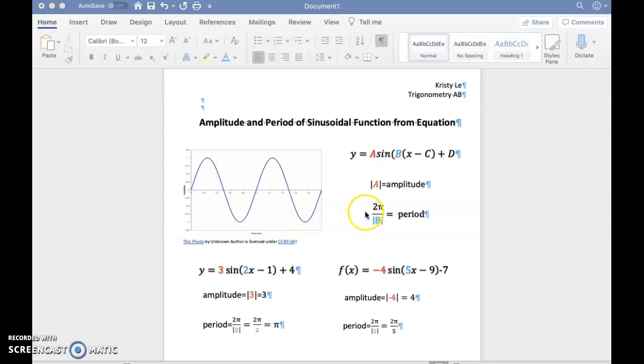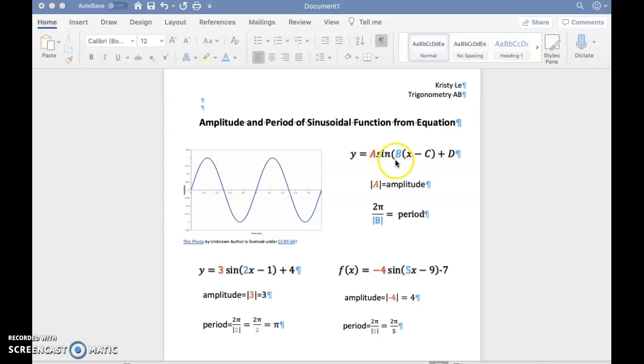And the reason why it's 2 pi over the absolute value of B is because we know that in a regular sine or cosine function, the period is 2 pi. So in this case, this period is 2 pi. But since B is being multiplied to x, it means that it's going to go that amount faster.